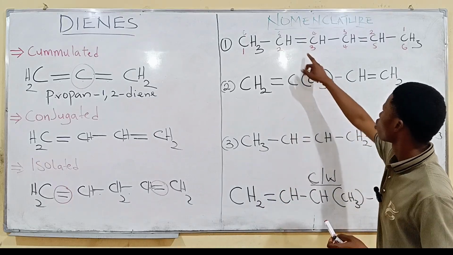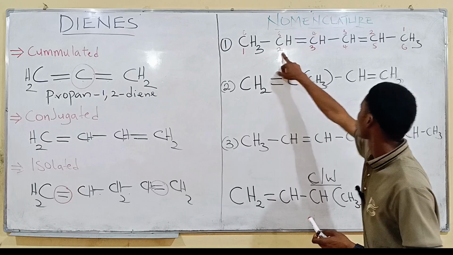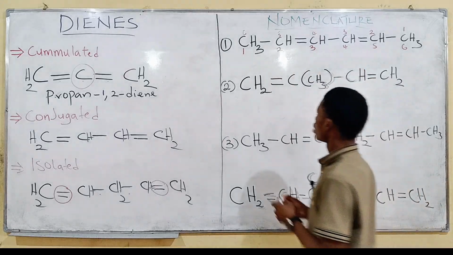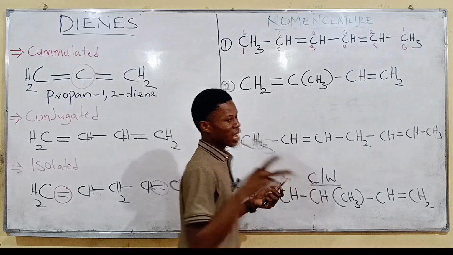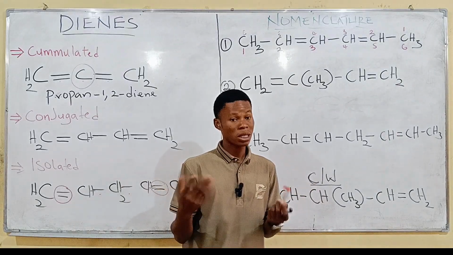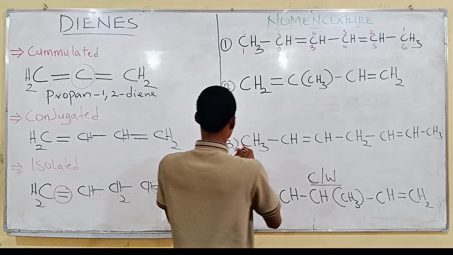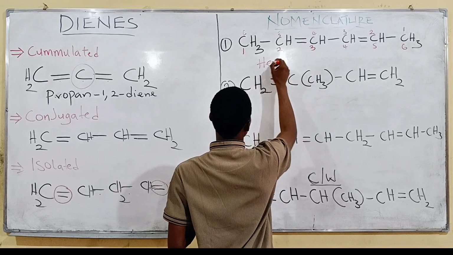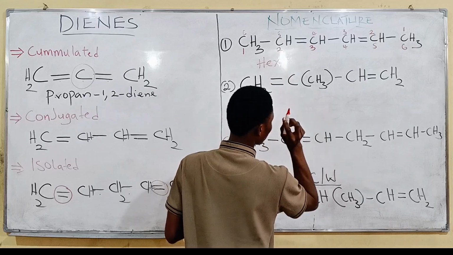Now, we've noted the position of the double bonds as 2 and 4. The next thing you ought to do is, you already know it's 6 carbons, that is hexa. Is it not? 6 is hex, right? So the next thing is hex. Hex. Are you saying it? Hex.